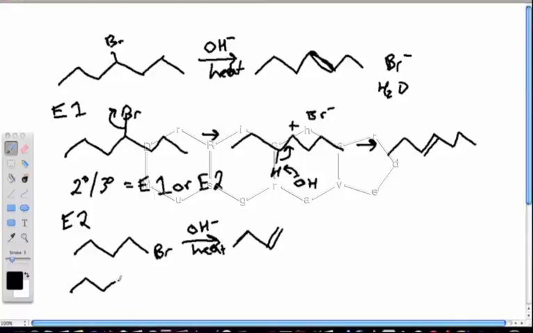And looking at the mechanism, we'll have the H down here. It's always the CH next to the CBr, just like it was the CH next to the COH that was lost in those other examples that we did, the acid catalyzed dehydrations.